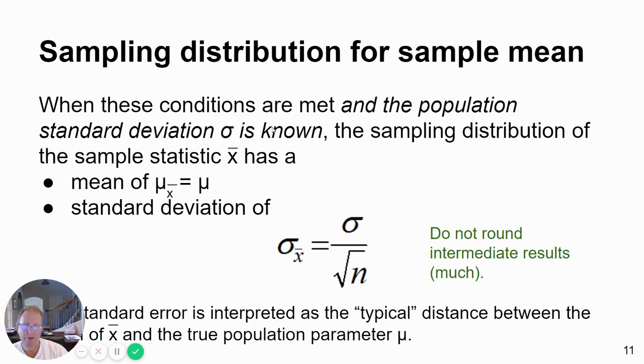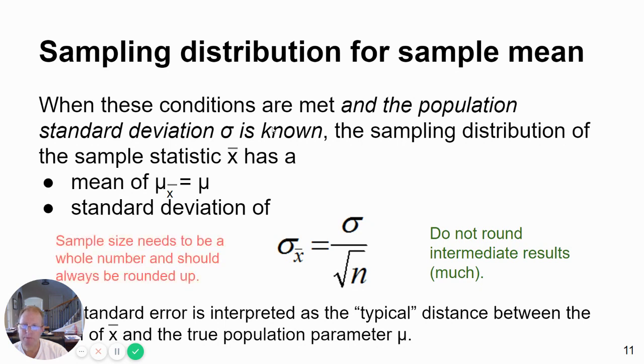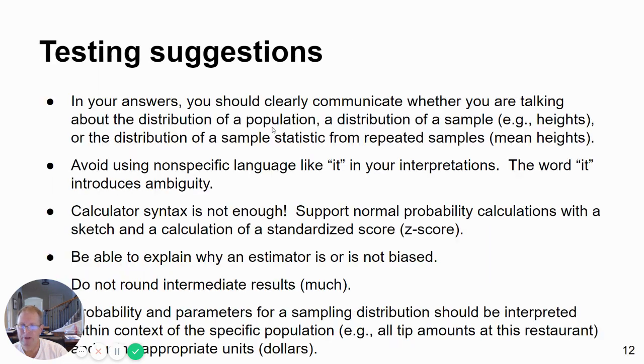Again, do not round intermediate results because that gets amplified when we get to our final conclusion. Sample size needs to be a whole number and should always be rounded up. So for calculating sample size, we have to round up.